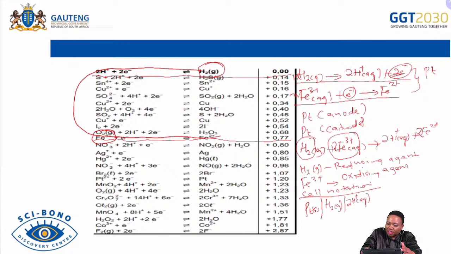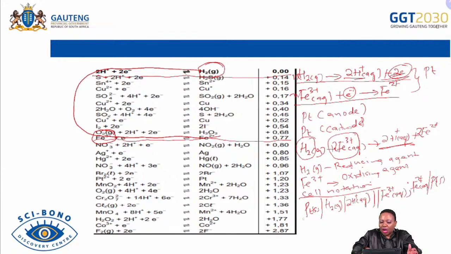This is not the balancing, because definitely the half reaction of hydrogen is coming through, and then salt bridge, and then we go to the side of the cathode, where we have Fe 3+ aqueous. Because the phases are now the same, we say comma, Fe 2+ aqueous, and then phase boundary, platinum solid.